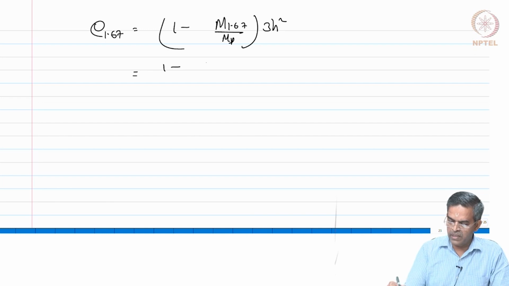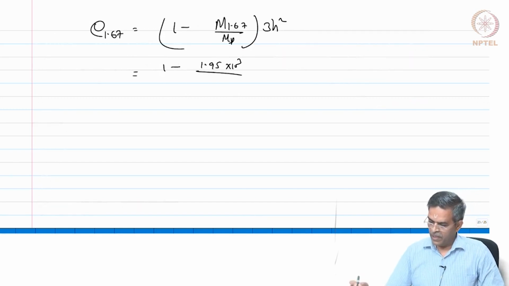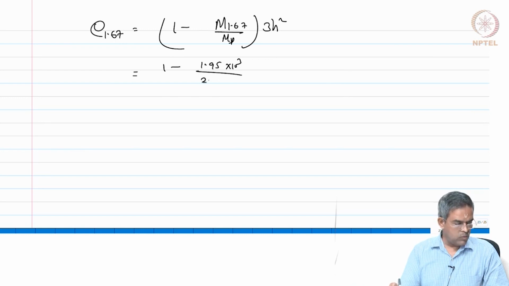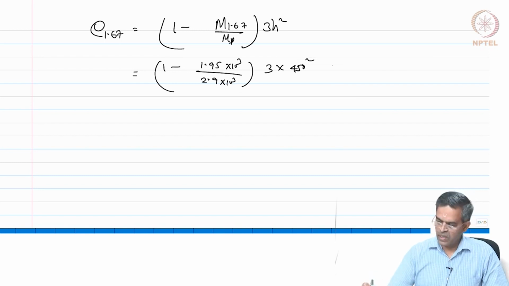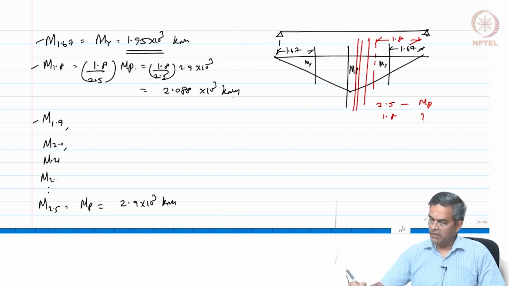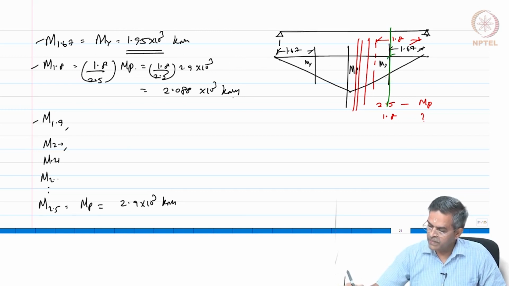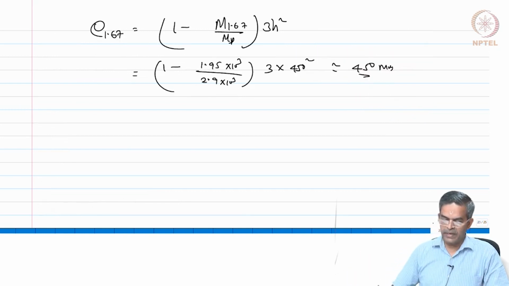So, it will be 1 minus M at 1.67 is 1.95 into 10 power 3 by Mp, which is 2.9 into 10 power 3, into 3h square, which is 450 square. So, I can find very easily this will be 450 mm, which is completely elastic at 1.67. See here, at this section it is fully elastic, is it not? That is what you are getting.